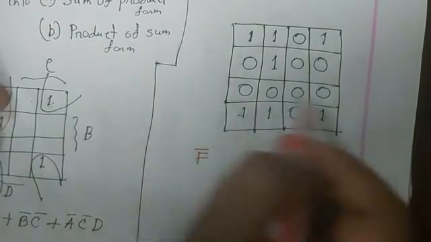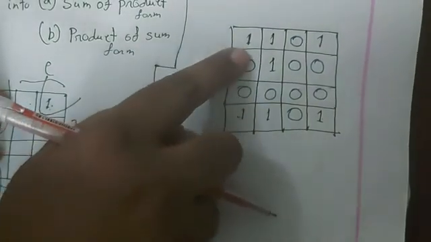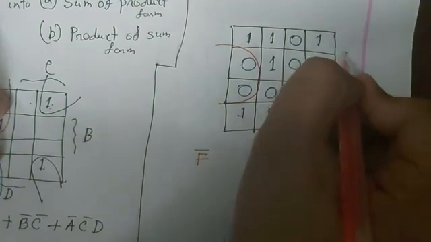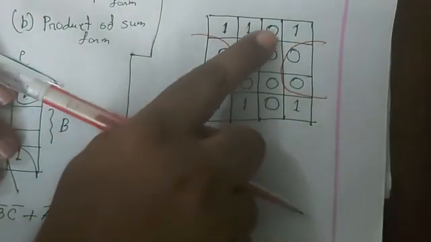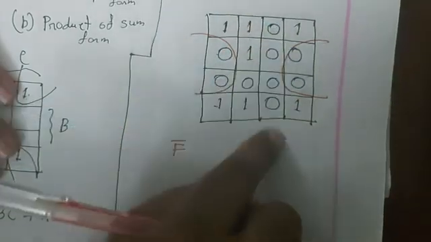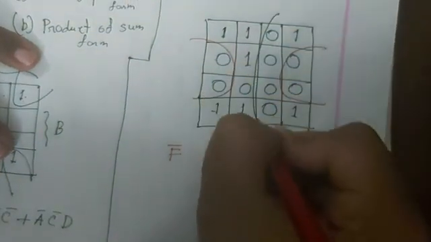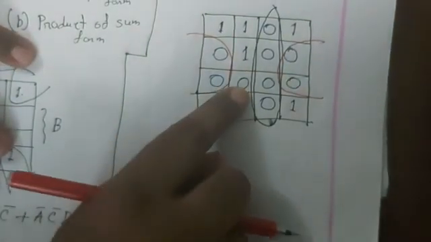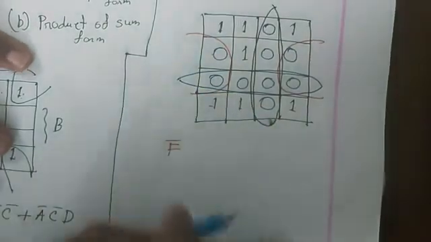If we consider these zeros, they will make a full group of 4, this 2 and this 2. This 0 will make another group of 4, and this 0 will make another group of 4. So these are the 3 groups we got.